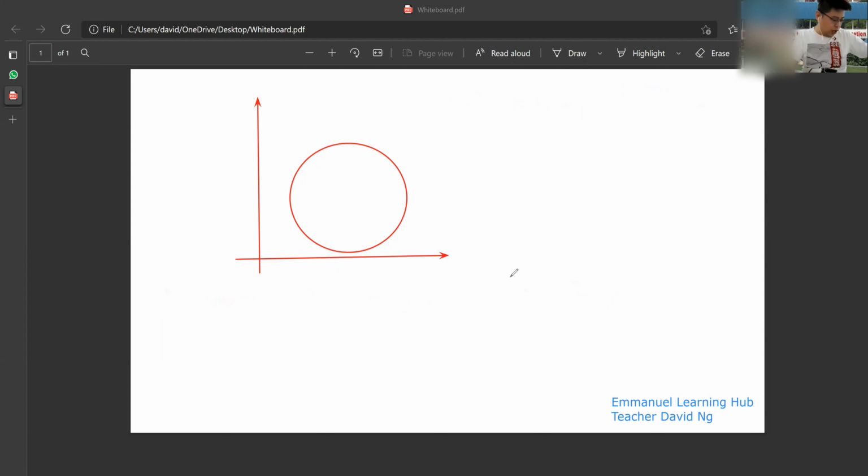Okay, another kind of question is they give you the equation, then ask you to find the radius and coordinates of the center.